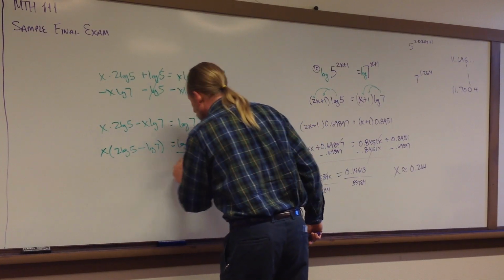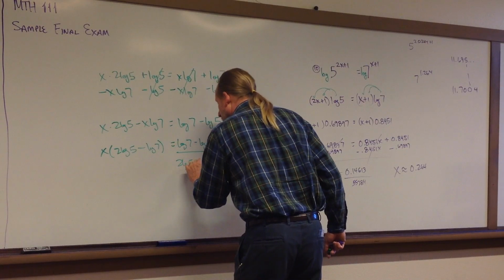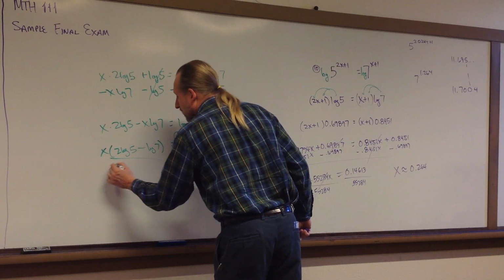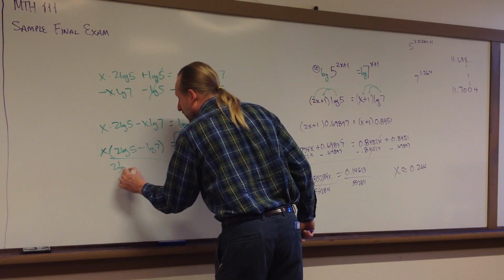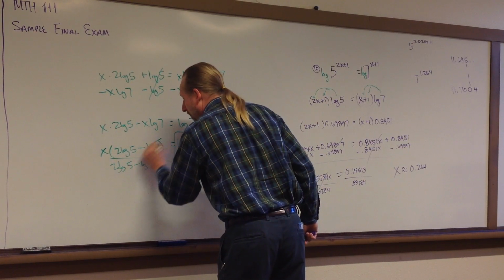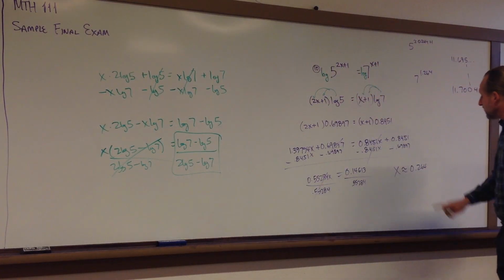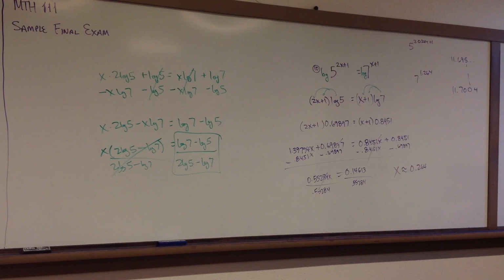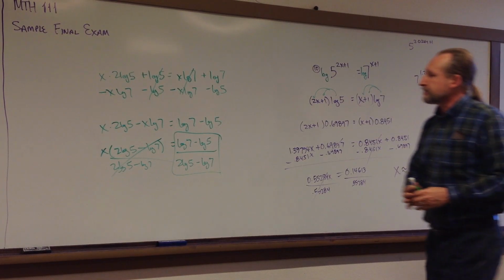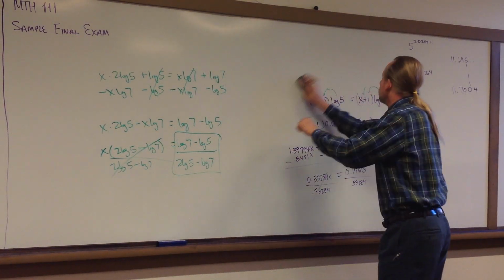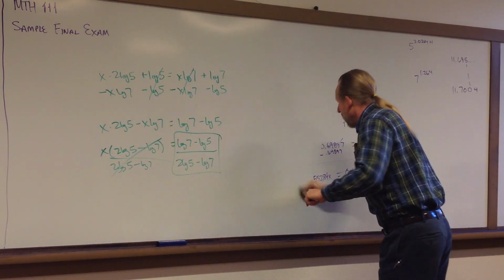And then divide on both sides by 2 log 5 minus log 7. Those cancel. So there's our answer in exact terms. If we approximate that, we should get about 0.264. Okay. So there's problem 10 with both of those methods.